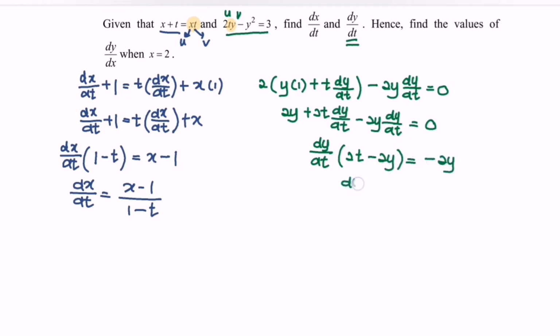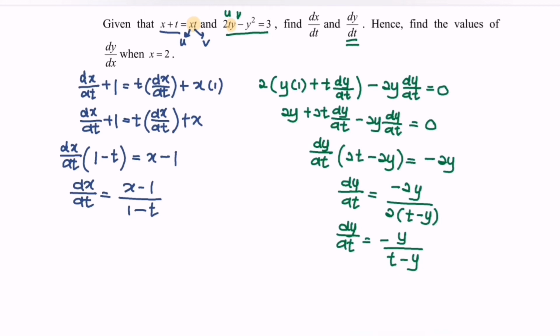So dy/dt will be equals to negative 2y over, factor out the 2, bracket t minus y. Simplify, so dy/dt will be equals to negative y over t minus y, or we can say dy/dt is equals to y over y minus t.